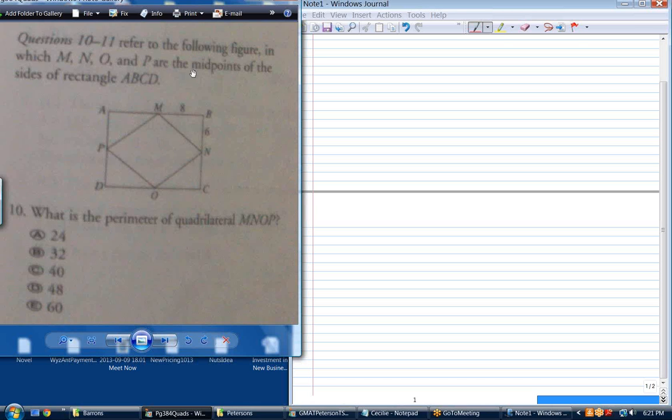Okay, we have a couple questions regarding this figure here. What is the perimeter of the quadrilateral? Notice there's 2 quadrilaterals. There's the outside one, and there's also this inside one.